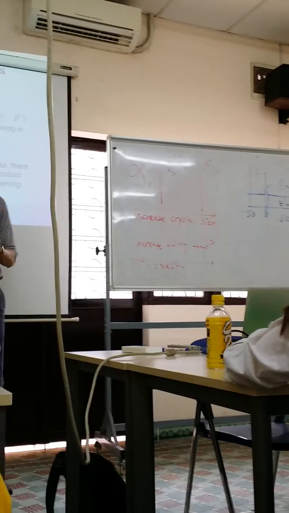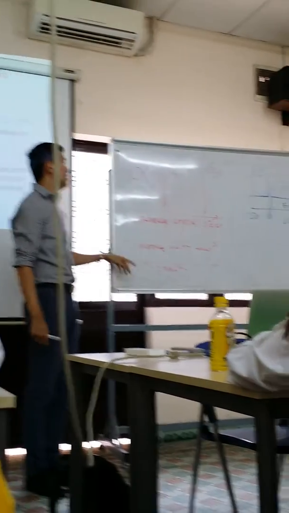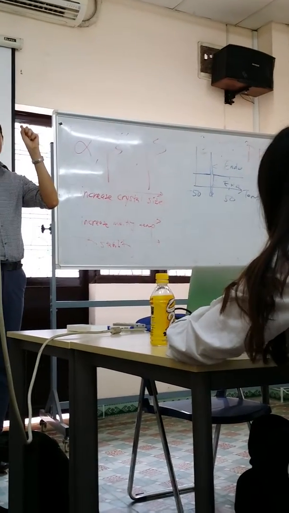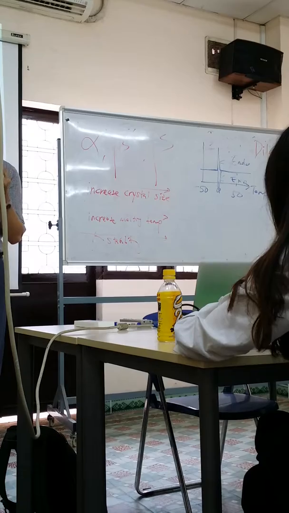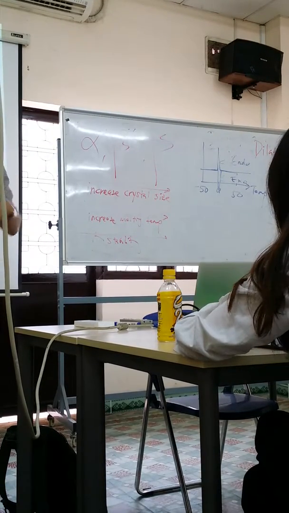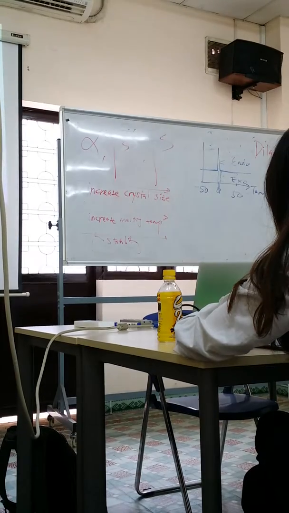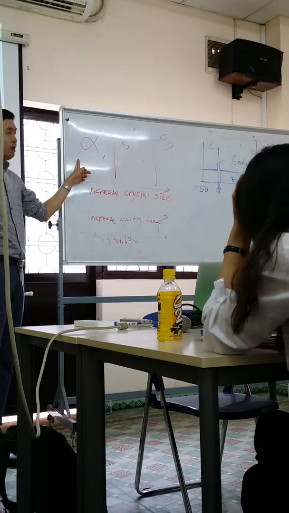Okay. So alpha is the smallest fat crystal size. We normally say they are needle, you know, the one that you use to sew the clothes. Needle-like, all tiny needle-like fat crystal.